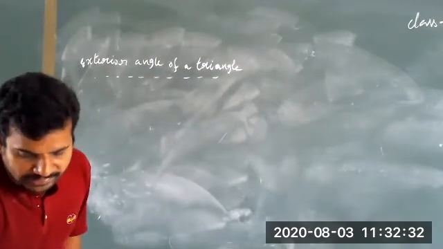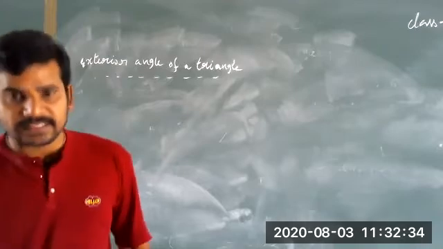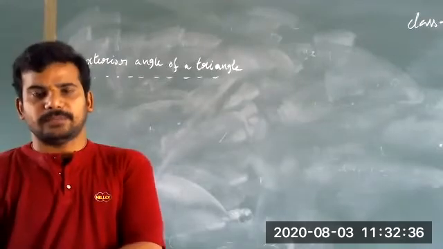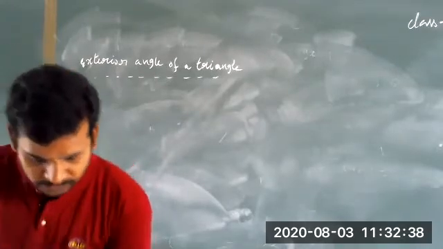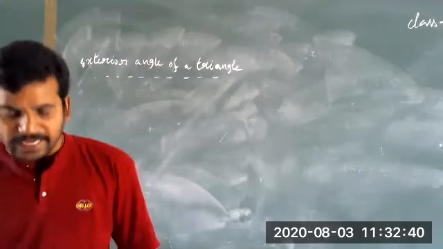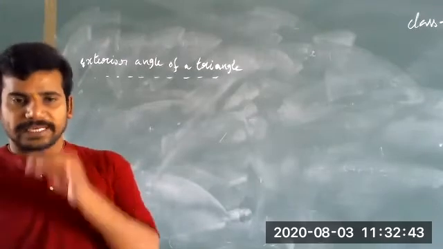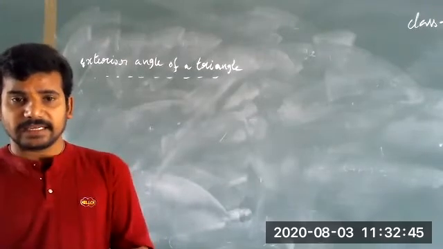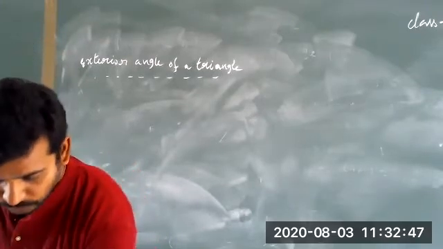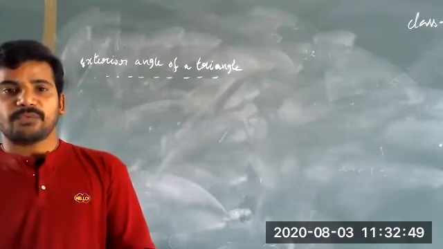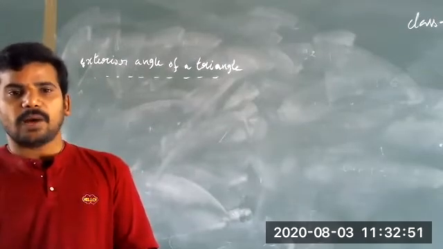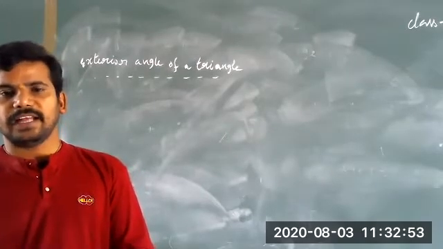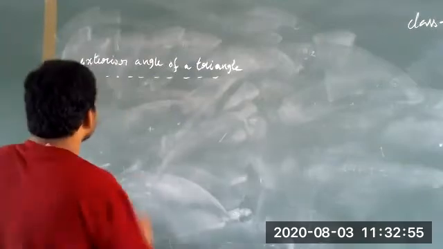What about the exterior angle of a triangle? This is the exterior angle property. The exterior angle of a triangle is equal to the sum of interior opposite angles.